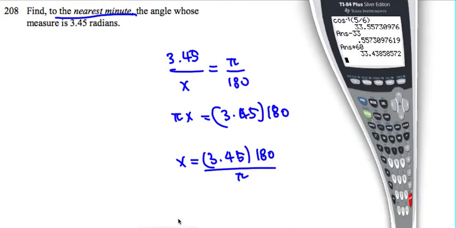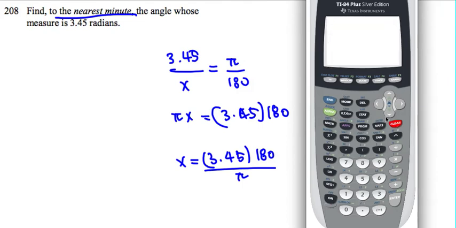Let's put that into the calculator and see what happens. 3.45 times 180, and then divide by pi. So that's what we end up getting. 197 will be the degree measure of the angle.